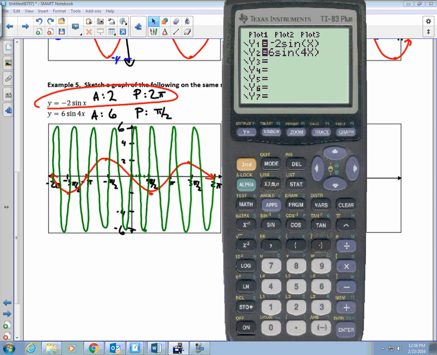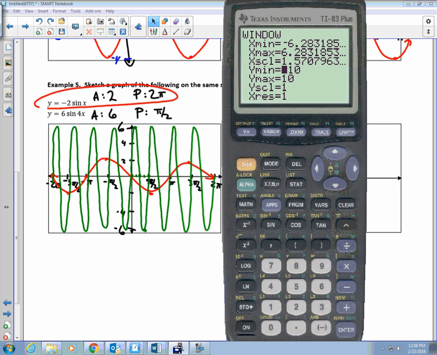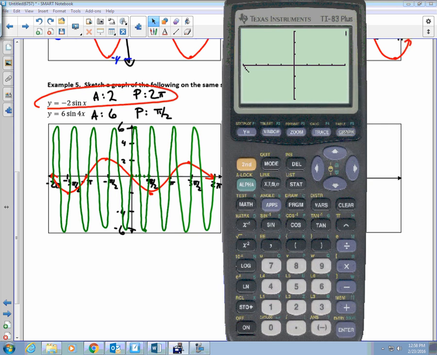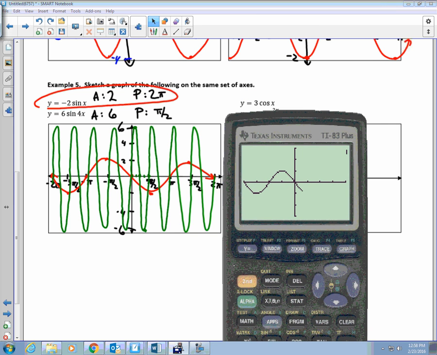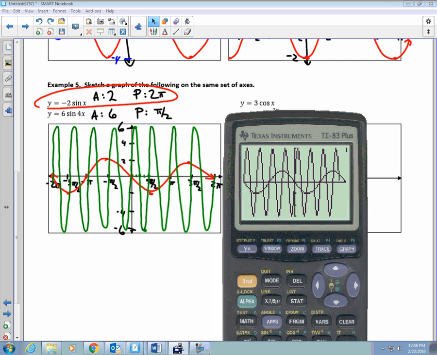If I take my window and I choose my x minimum to be negative 2 pi, my x max to be positive 2 pi, and my scale to be pi over 2, and my y min to be negative 6, and my y max to be positive 6, with a scale of every 2. Watch my graph, and you tell me if you think I did a good job of graphing these or not. That's pretty ridiculously accurate, isn't it?